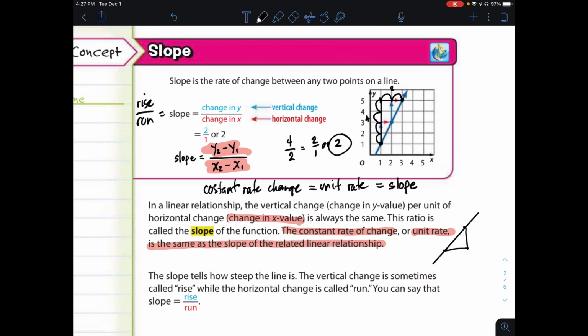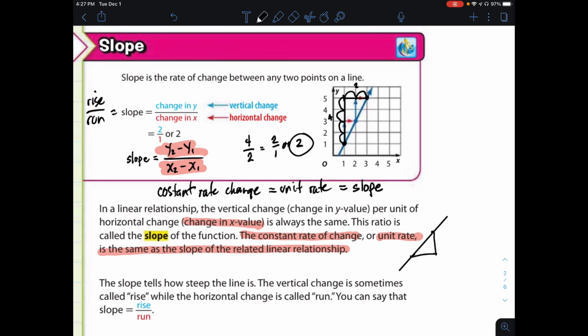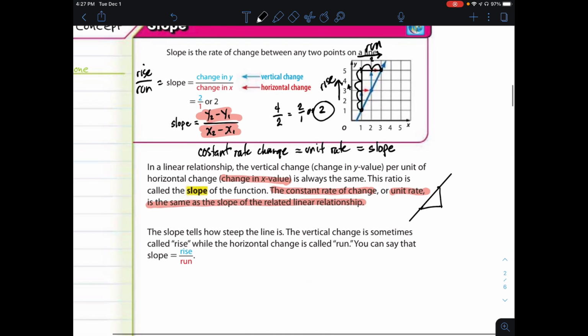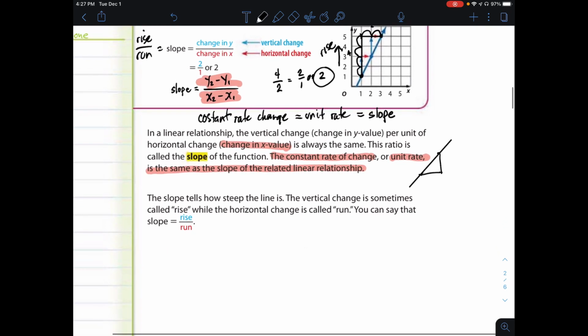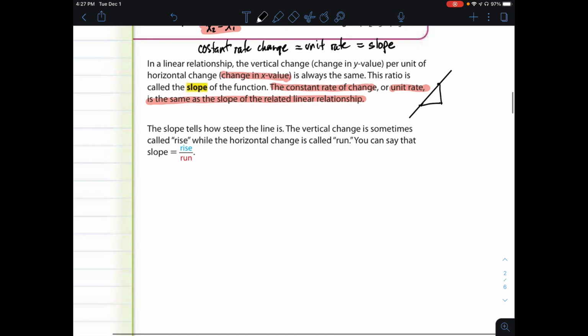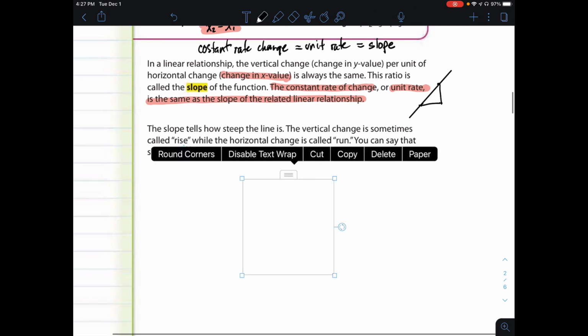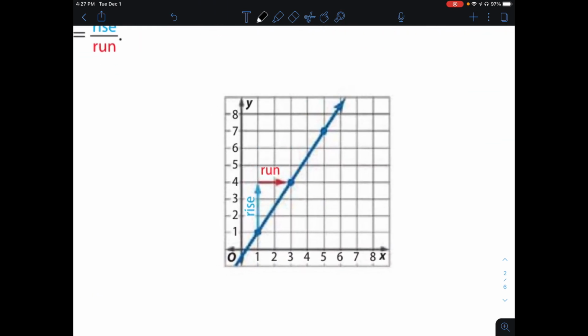And if you go back to our example here, this is our rise, which is 4 units, and this is our run, which is 2 units. So this is our rise, and this is our run. So if you make a ratio of rise over run on a linear relationship, that gives you your slope. And this example best exemplifies that.